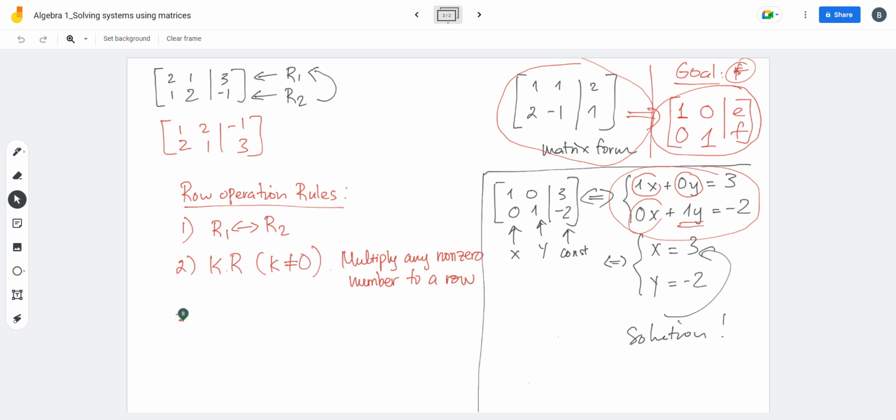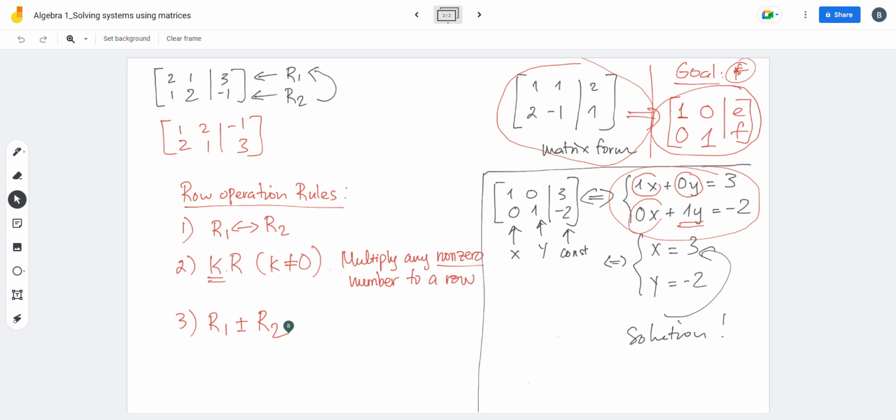Remember that because k here is any non-zero number, it could be a fraction as well, or you can multiply by a quotient. All right. Rule number 3 is that you can add or subtract two rows.